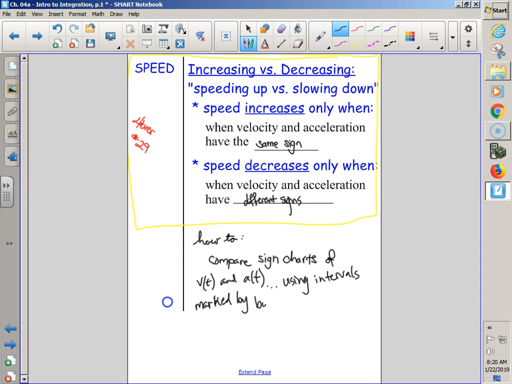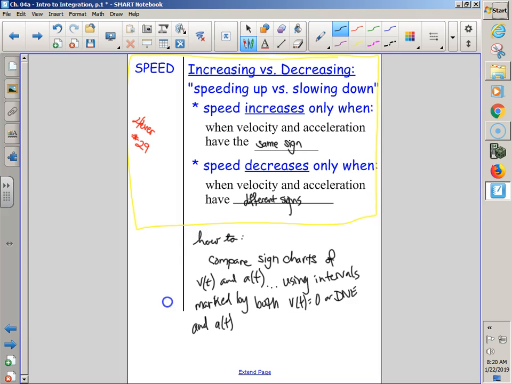Marked by both. How do we usually do sign charts, guys? How do we actually put numbers in the sign charts? Where do those come from? Critical numbers. So we'll do it by both the velocity of t equals 0 or d and e, which we would call resting points, numbers of position. And if we're doing velocity and acceleration, here's where some people get stuck.